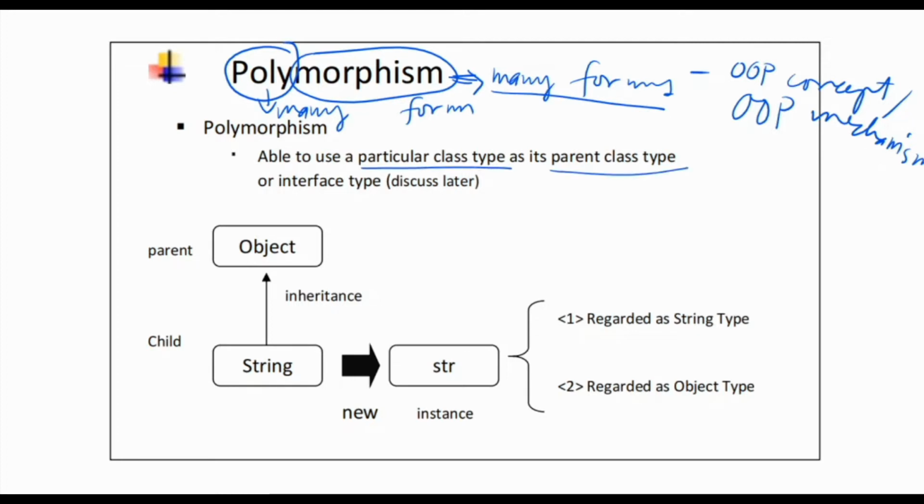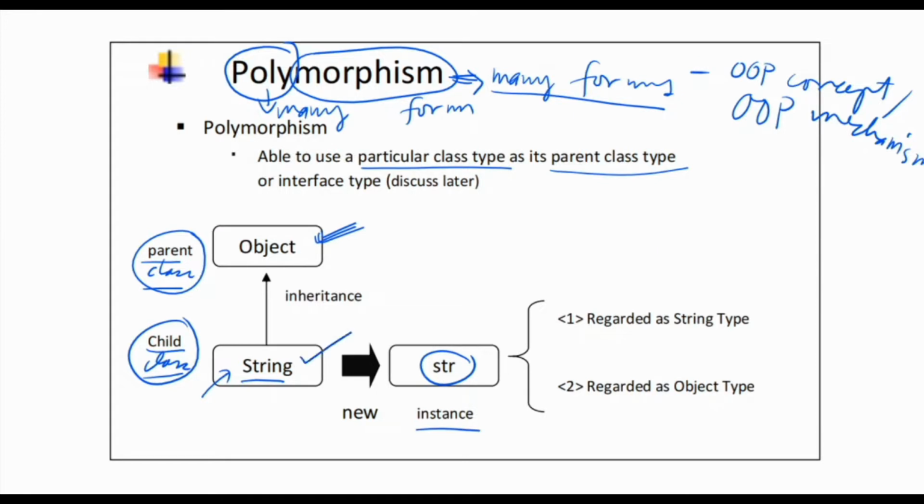Take for example, object as a class type. We refer to this as the parent class type, and string class type is a child class of object. So object is the parent class, string is the child class, and say str is an instance of class type string. We create this instance via the new keyword.